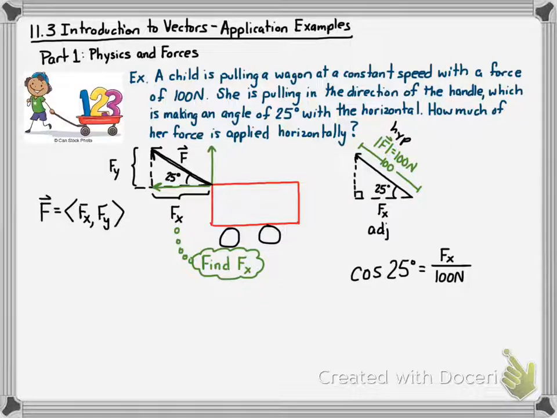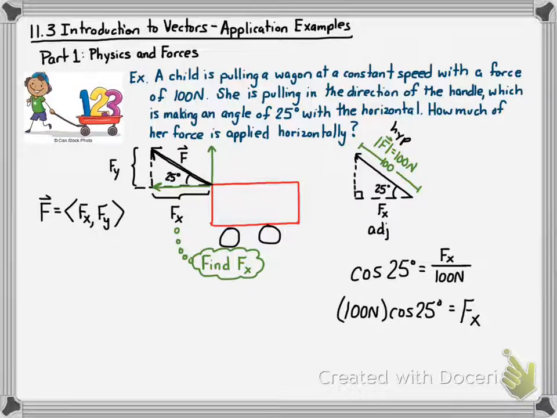A newton is a measurement of force. Pound is also a measurement of force, but that's in the English system. Newton is a measurement of force in the metric system. We want to solve for Fx, so I can multiply both sides by 100 newtons, so I have 100 newtons times cosine of 25 degrees, and that is my value for Fx.